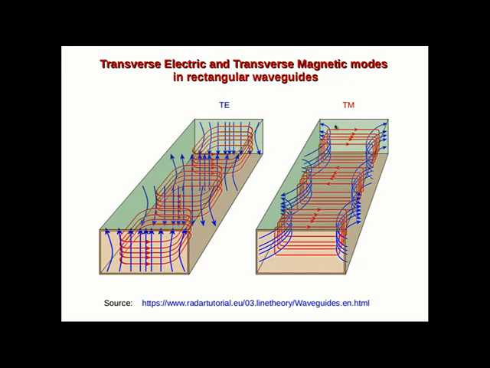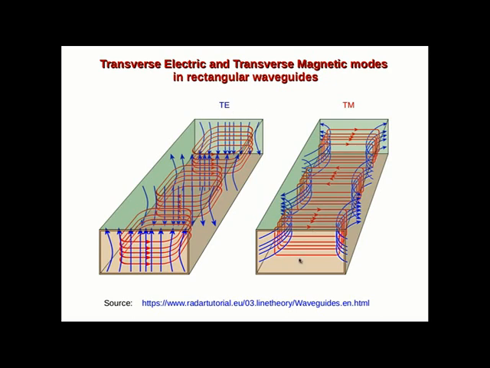Now, before getting into the details of 2D photonic crystals, first let us understand the nomenclature of polarization as TE and TM, transverse electric and transverse magnetic. Transverse electric and transverse magnetic, in the case of rectangular waveguides, goes like this. Let's suppose light is propagating along the length of this waveguide, and in this entire process, if the electric field remains normal to the direction of propagation all the time and has no component in the direction of propagation, it is called TE polarization.